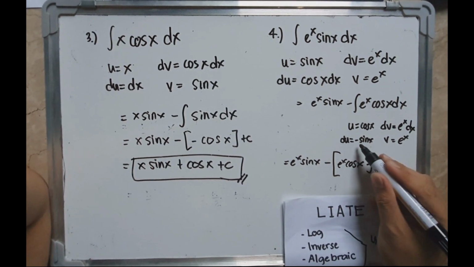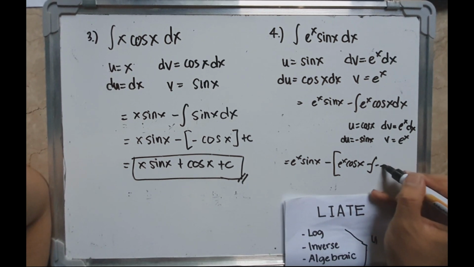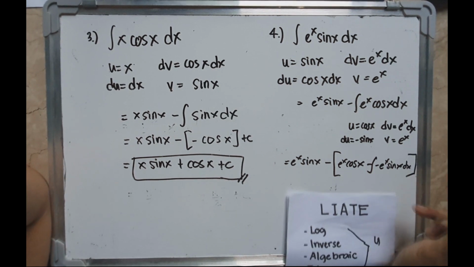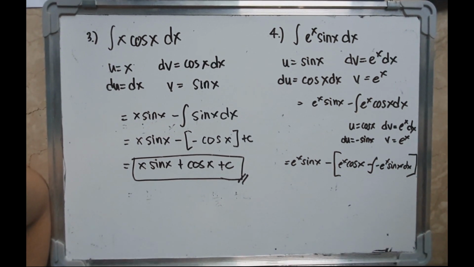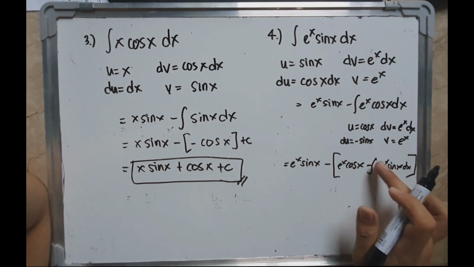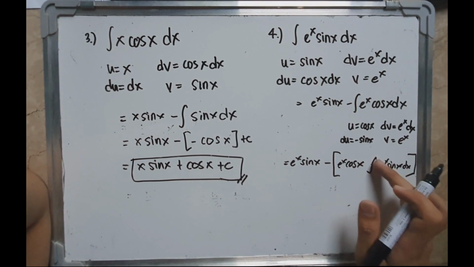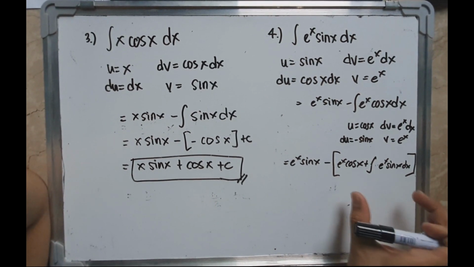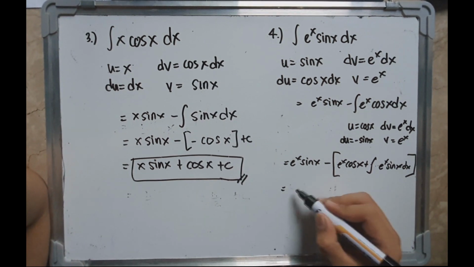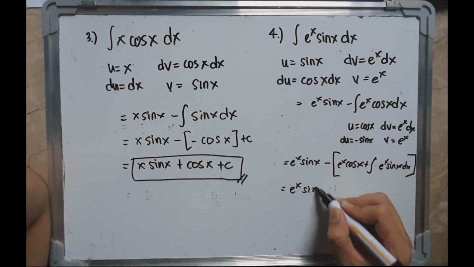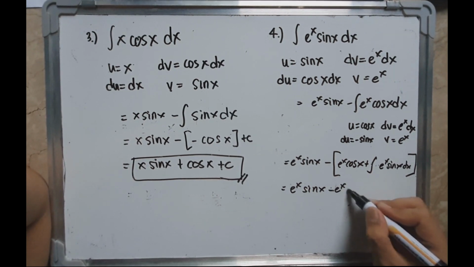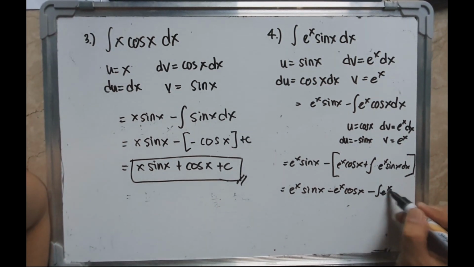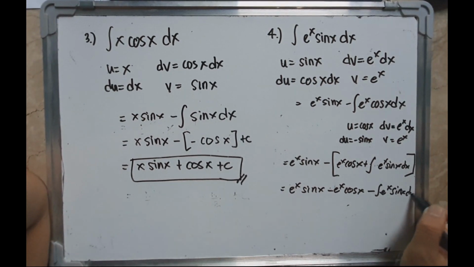Okay, let's have the negative one, e to the x sine x dx. Now notice negative times negative, this will become positive. If we distribute the negative to this quantity right here, e to the x sine x minus e to the x cosine x, this will be negative integral of e to the x sine x dx.